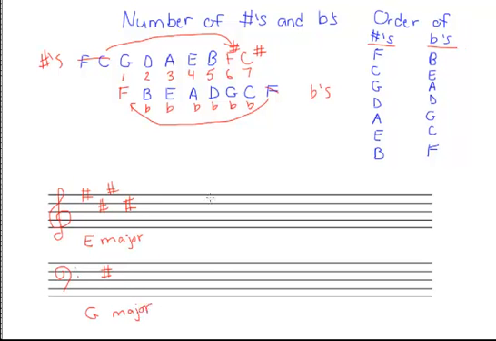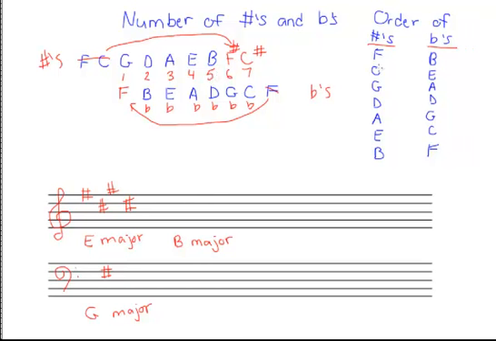Now, going backwards, if you were asked to write the key signature for B major, B major, as we can see up here, is a sharp key and would have 5 sharps. So to clarify, when we're doing it this way, if we know that B major has 5 sharps, what 5 sharps does it have?